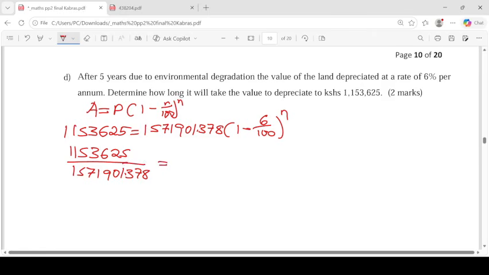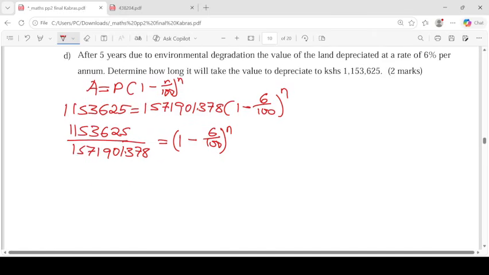This should be equal to 1 minus 6 over 100 to the power of n. Let me first maintain it that way.